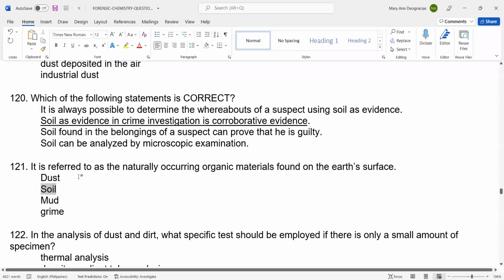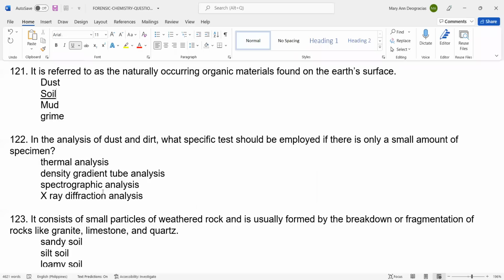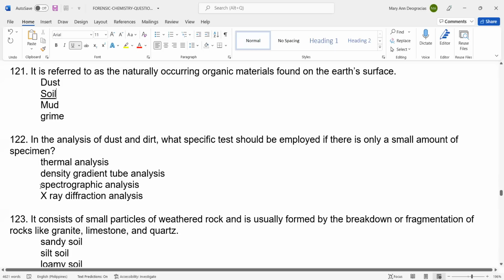Next. In the analysis of dust and dirt, what specific test should be employed if there is only a small amount of specimen? A, thermal analysis, B, density gradient tube analysis, C, spectrographic analysis, and D, X-ray diffraction. If there is only a small amount, we use spectrographic analysis.